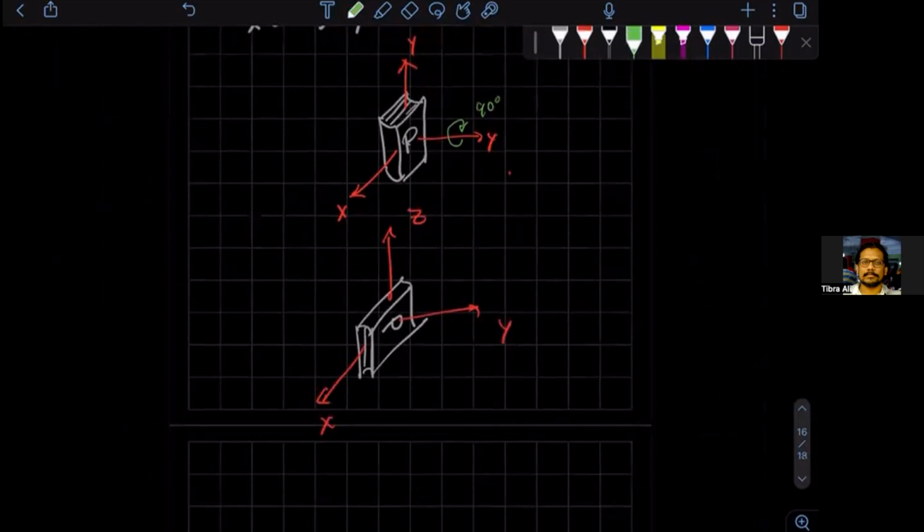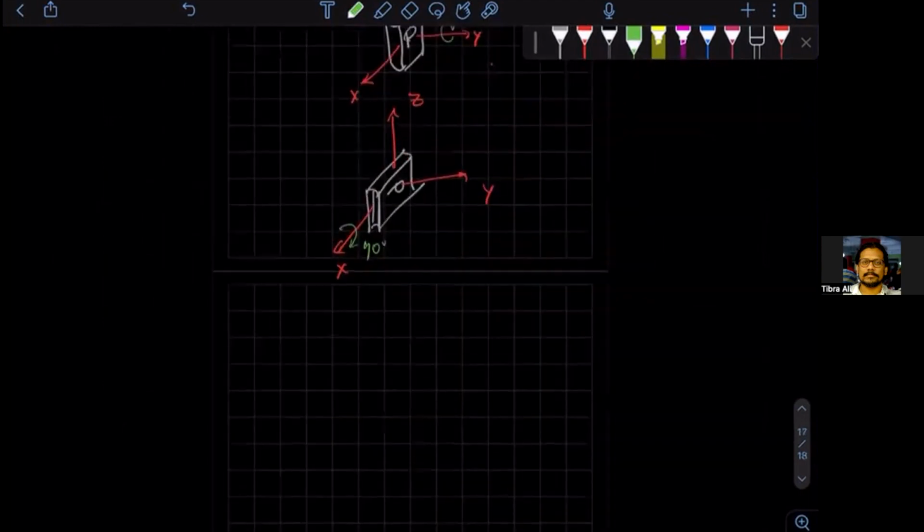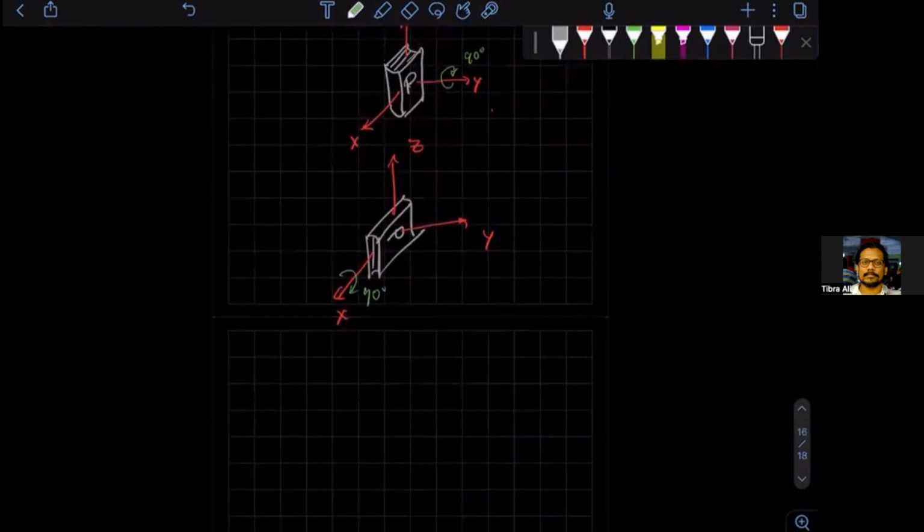And then do the same rotation as before, but around the x-axis. And if I do this, then the book goes to that configuration.